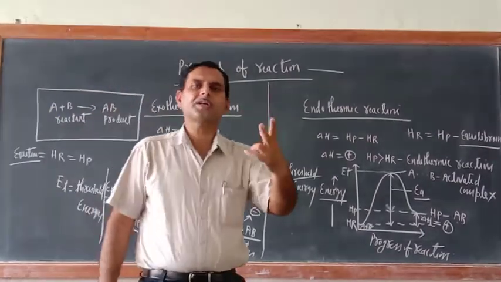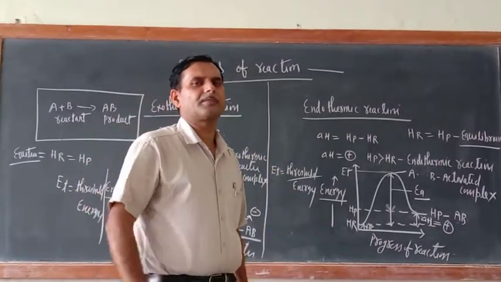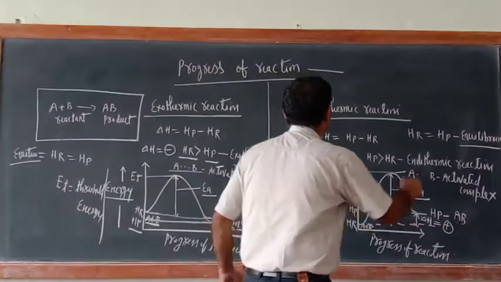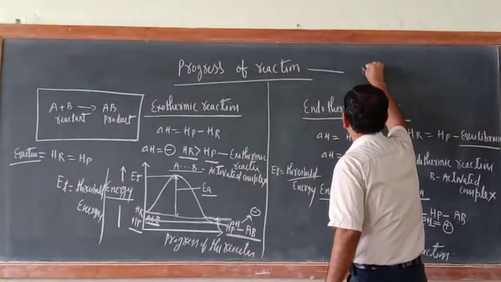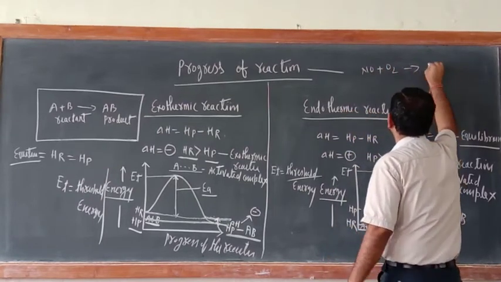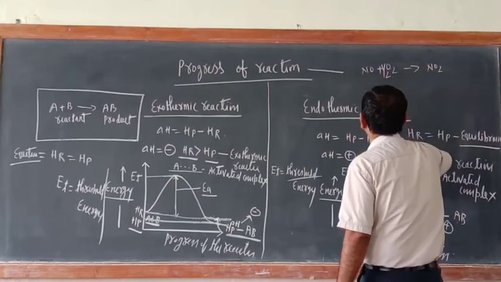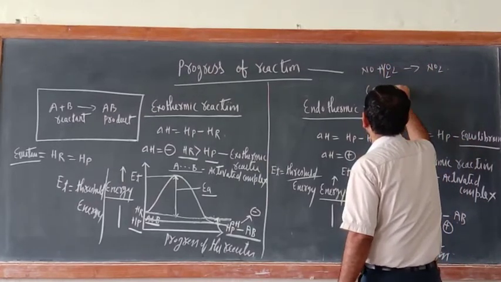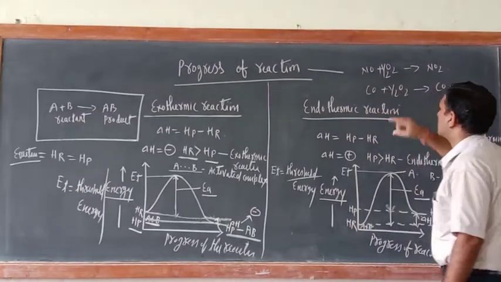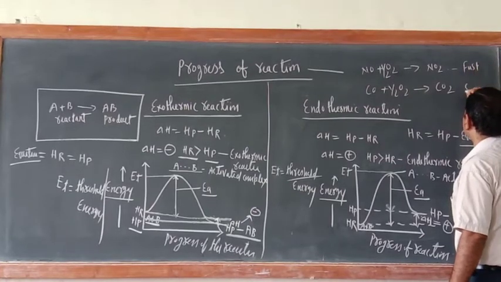One more important thing is there: if any reaction is slow, what is the meaning of that? Now I am writing two reactions here. Just see, NO plus half O2 equal to NO2. Now CO plus half O2 is equal to CO2. Let us see, this reaction is fast, this reaction is slow.